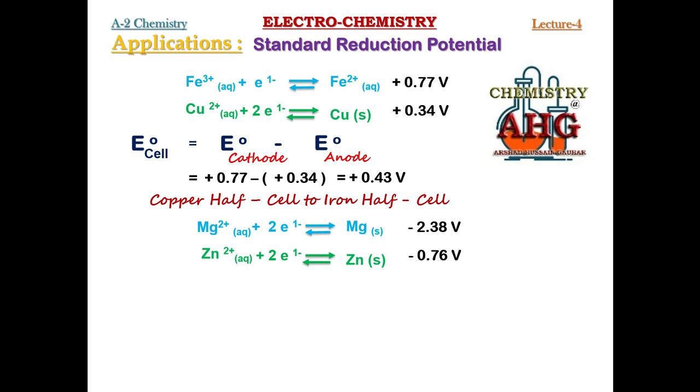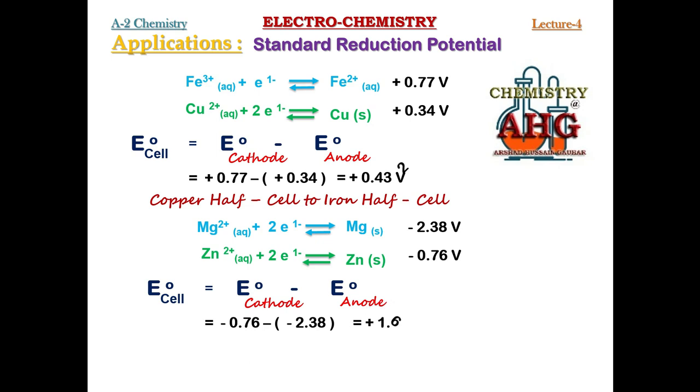The one with the mathematically greater numerical value acts as cathode, where reduction takes place. Which of these two has the greater value? Zinc. So zinc acts as cathode in this cell, and magnesium acts as anode. Insert the values: cathode is zinc, minus magnesium, equal to plus 1.62 volt, and the direction of flow of electron will be from the magnesium half cell to the zinc half cell.